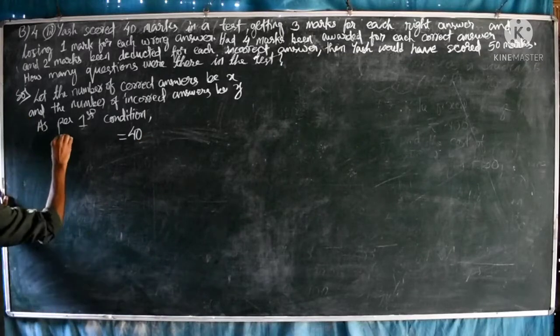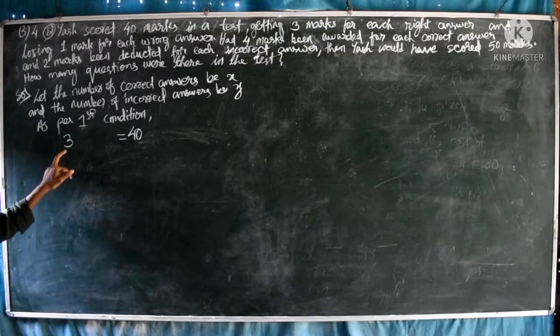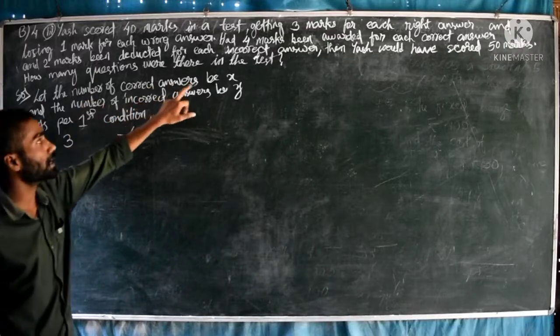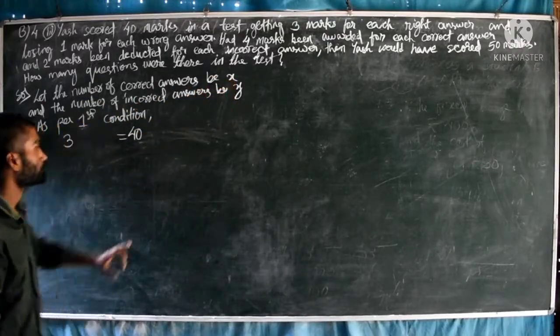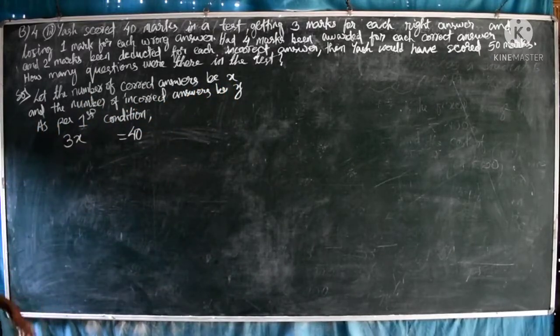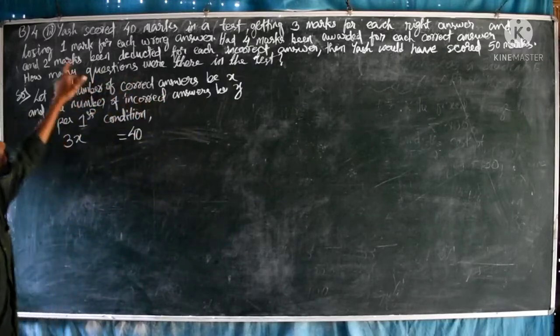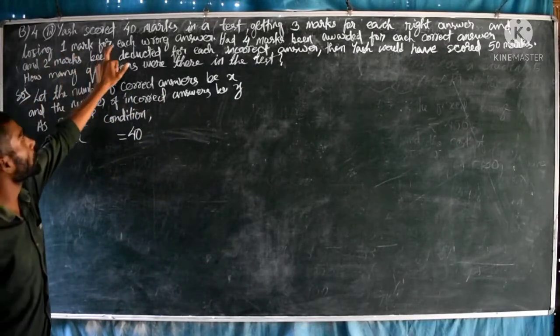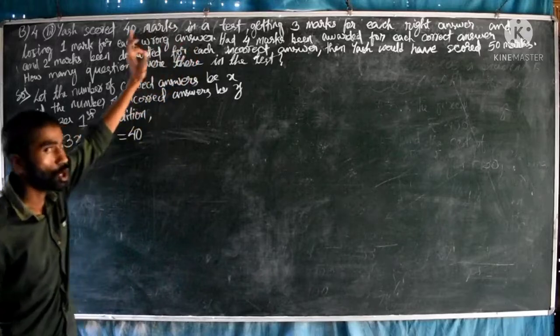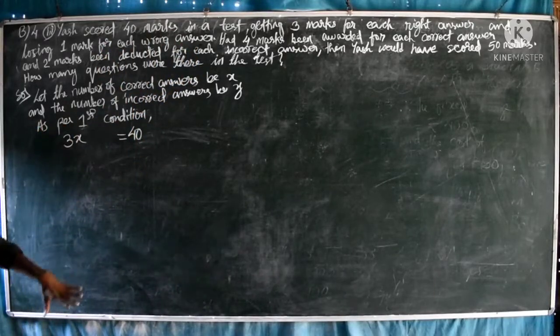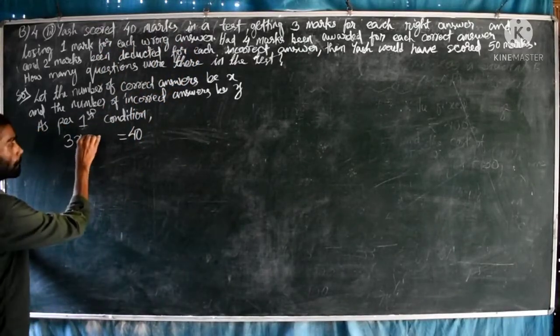That means we will multiply this 3 with the number of correct answers, that is X. 3X. Now, and losing 1 mark for each wrong answer. Losing means we will deduct from it, that is minus.